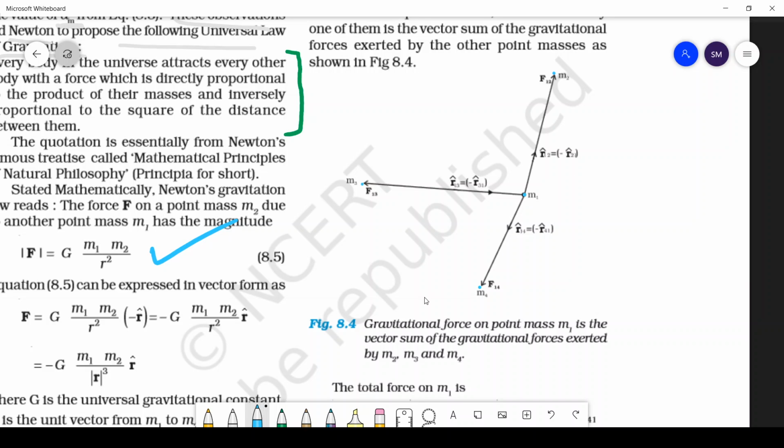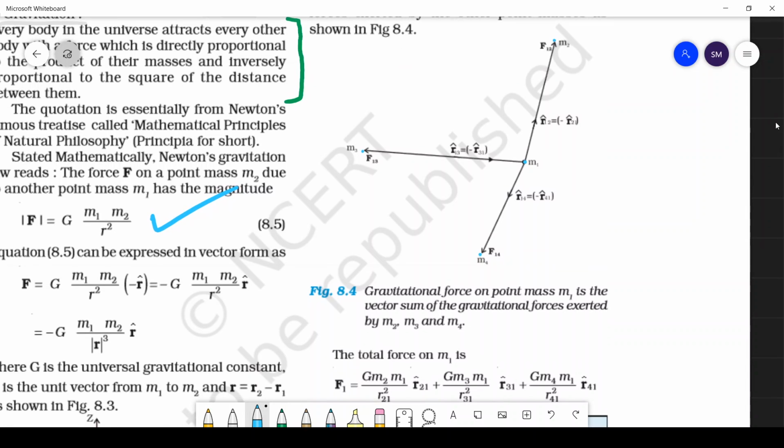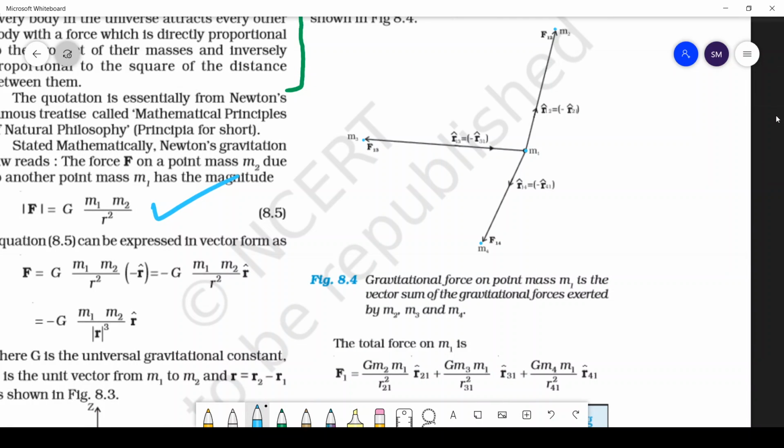So what's the force on mass 1? The force on m1 is equal to force on 1 due to 2 plus force on 1 due to 3 plus force on 1 due to m4, right? And here we are using the superposition principle. So what is the superposition principle?